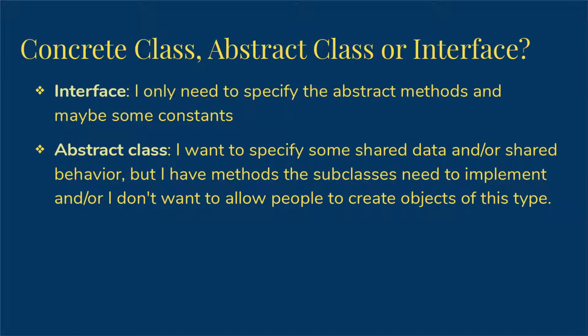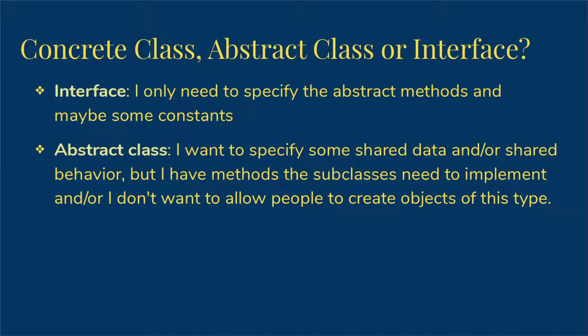If I actually have some data that all my different classes need to use, or some shared behavior that I can write here, I want to look at a class, not an interface. But if I also want abstraction, so I've got methods that the subclasses need to implement, because I can have an empty implementation.